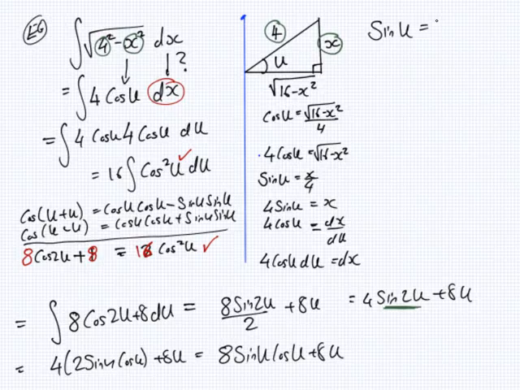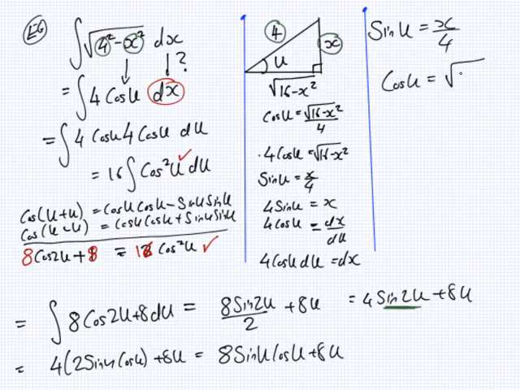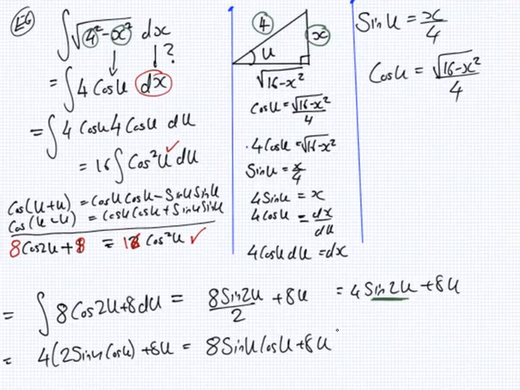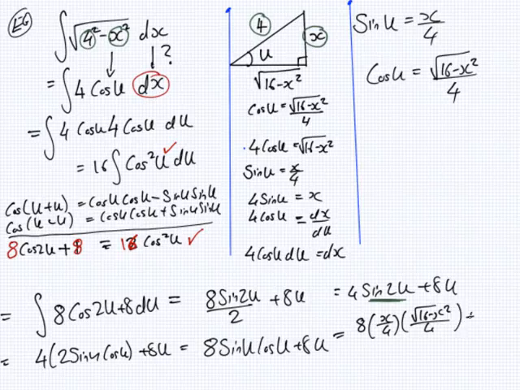Sine u is x over 4. Cos u is root 16 minus x squared over 4. So I can change this into 8 x over 4 root 16 minus x squared over 4 plus 8u.